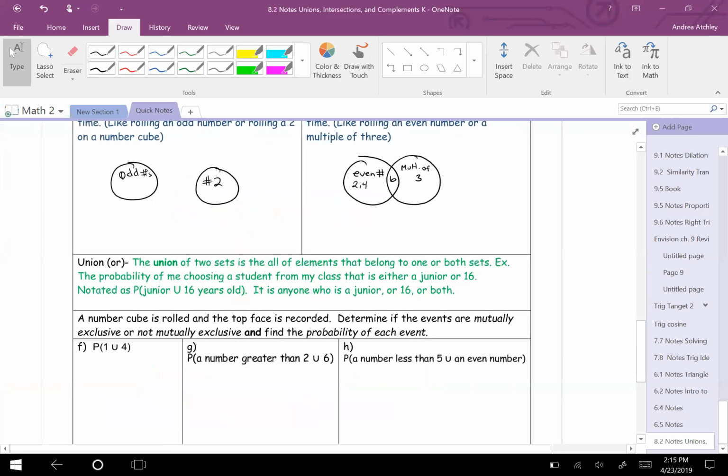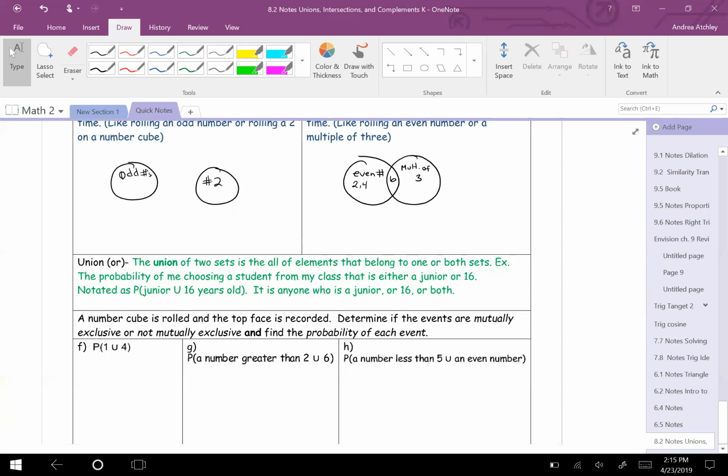A union is an or problem. I want this or that. The union of 2 sets is all of the elements that belong to one or both sets. An example: the probability of me choosing a student from my class that is either a junior or 16. There's the notation, the probability of junior or 16 years old, or the union of 16 years old.